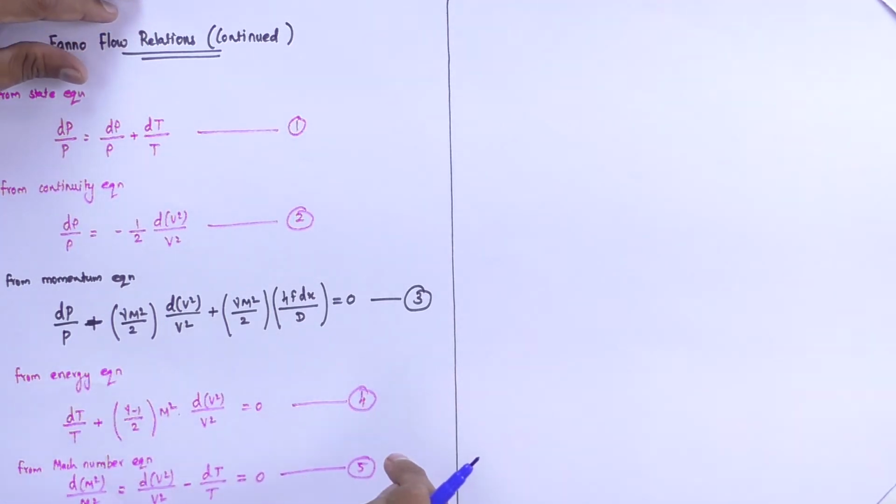To represent velocity variation as a function of Mach number variation, let us substitute equation number 4 in equation number 5.